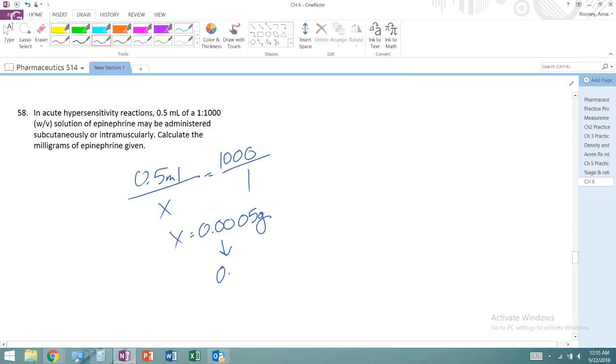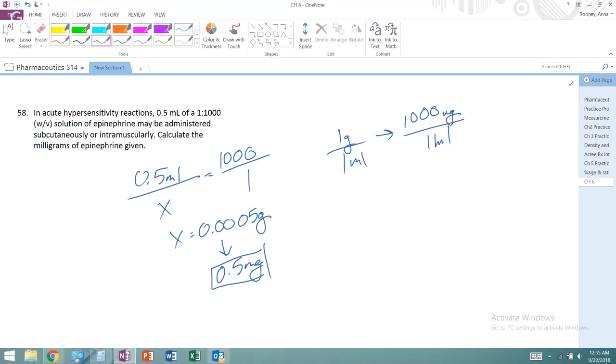That is 0.5 milligrams. The other way you could do this is that you could see that it's 1 gram per 1,000 milliliters, but it's 1,000 milligrams per 1,000 milliliters, so you would convert that to find it.